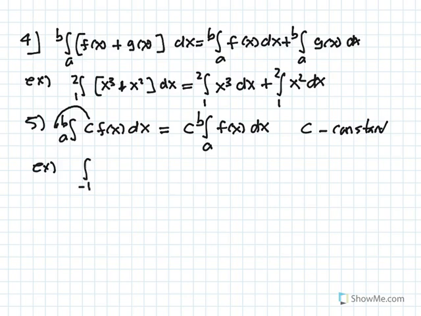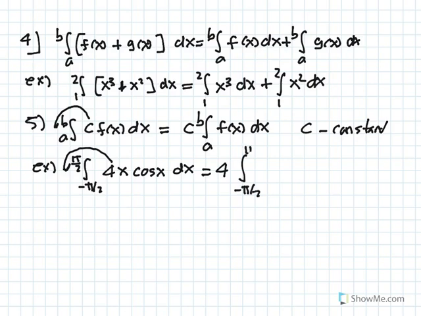The integral from negative pi over 2 to pi over 2 of 4x cos x dx. 4 is a constant. It passes through the integral, so we bring it out. That's 4 times the integral from negative pi over 2 to pi over 2 of x cos x dx.